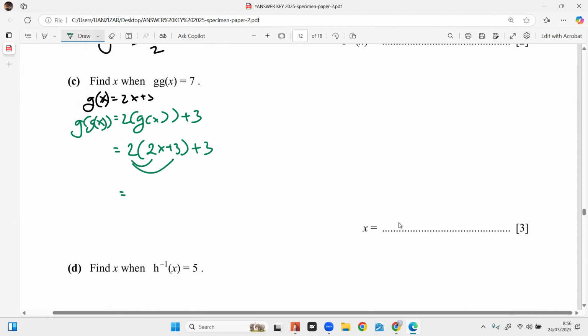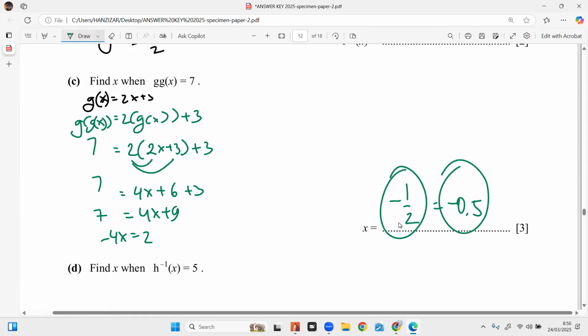Okay, pay attention, guys. Plus 6 plus 3. We get 4x plus 9. The answer is 7. So copy 7. Then negative 4x equals 2. Negative 2 over 4, negative half, or negative 0.5. I prefer you to answer it in fraction.